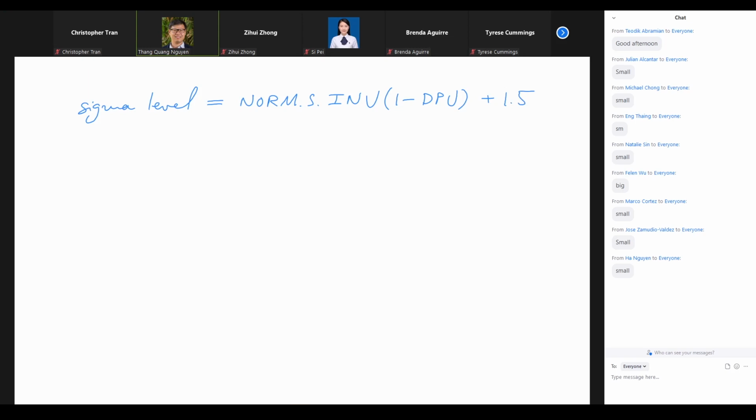So let's use a number and try to calculate it here and see what we have, and then I will explain why we have this equation or what it means. So we take NORM.S.INV, and then we take 1 minus 0.01493, right? And at the end, we add the 1.5 separately.